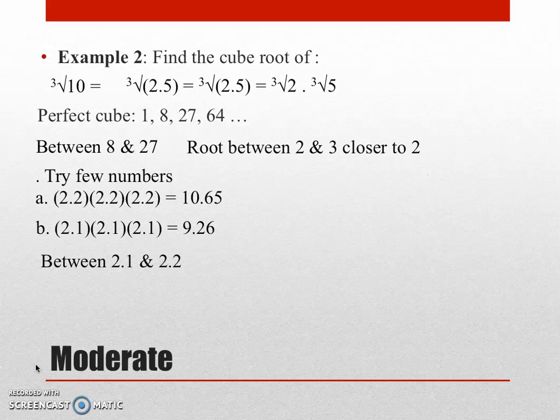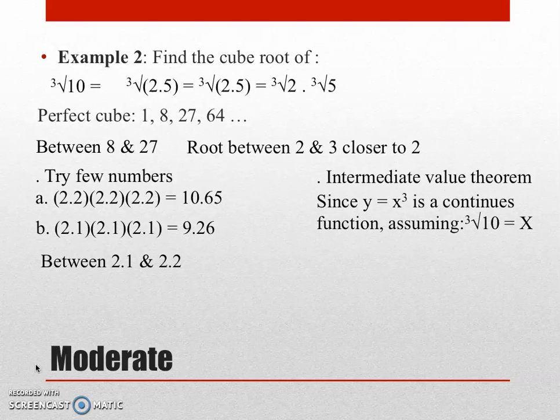Now we want to get the exact number using the intermediate value theorem. Again, we can use it because the function y equals x cubed is a continuous function. So let's assume that the cube root of 10 is x. Again, using our formula, we say x minus 2 over 10, which is the cube of x, minus 2 cubed, which is 8, is equal to 3 minus 2 divided by 3 cubed minus 2 cubed.